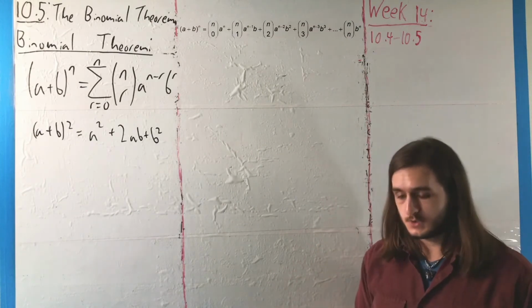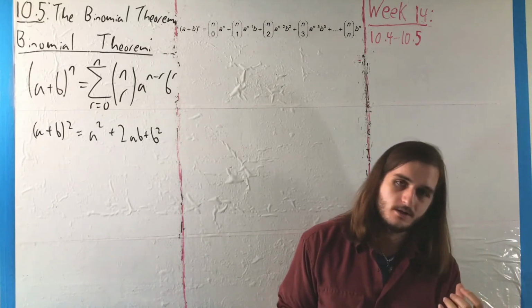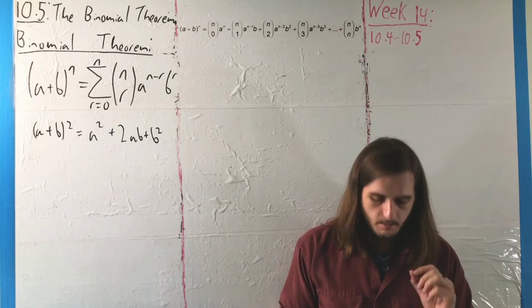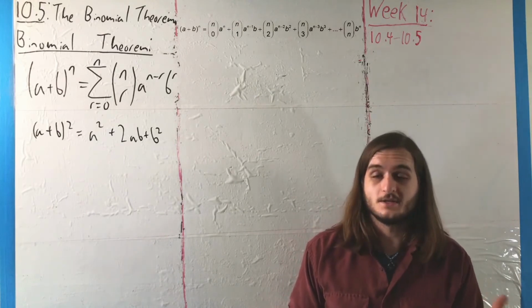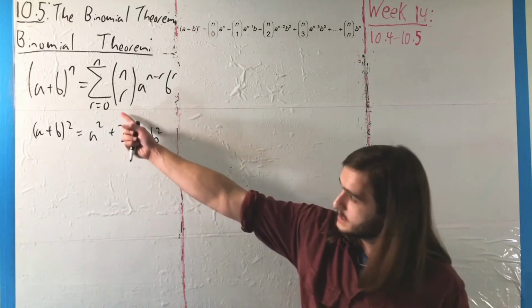Again, remember n choose 0 and n choose n, even though we're including them for the sake of notation, are both just 1. But that's a lot of additions. That's a lot of additions with a specific pattern. And that's where we get something like this.